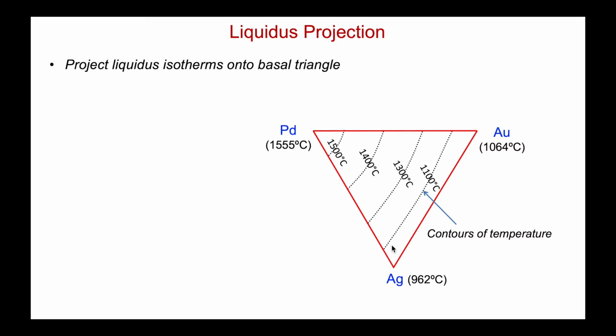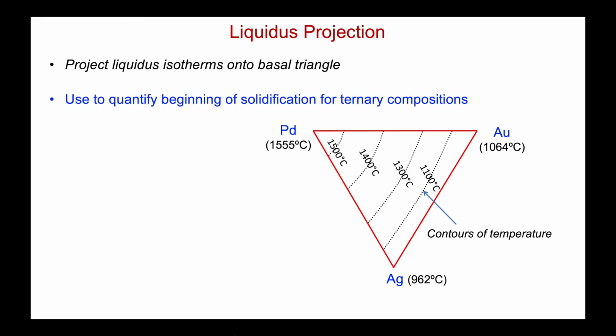So here are my contours of temperature, the contours along which a solid would first appear. Let's pick an overall composition and quantify the beginning of solidification. For example, this one. We see this composition then would start to solidify at 1300 C. And we will start to use these liquidus projections quite extensively later on to look at crystallization paths.